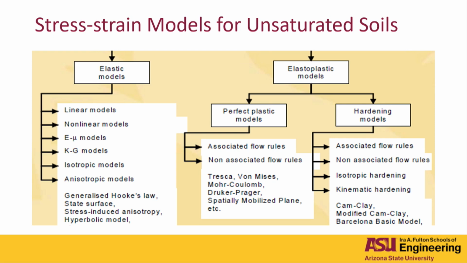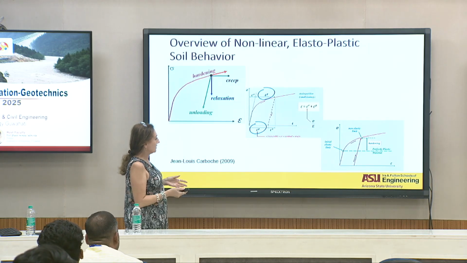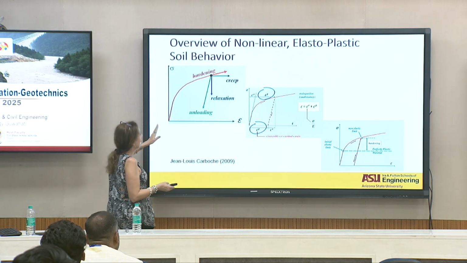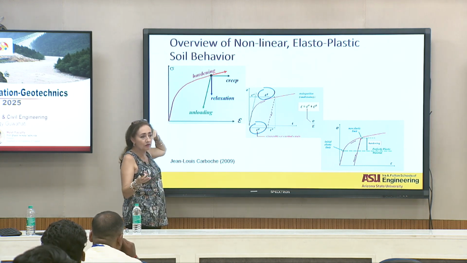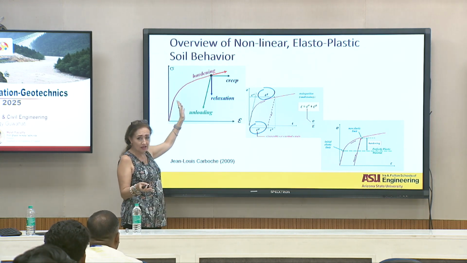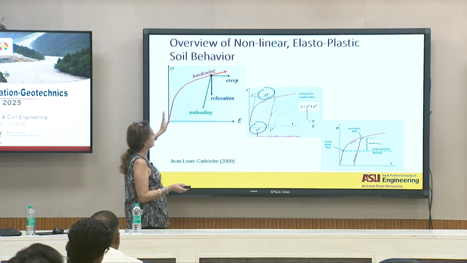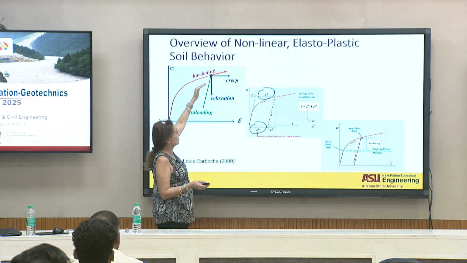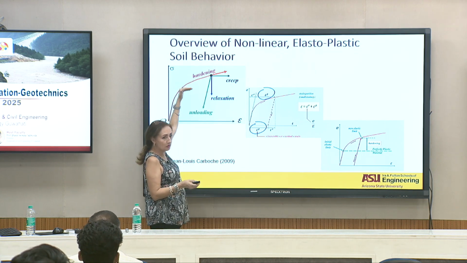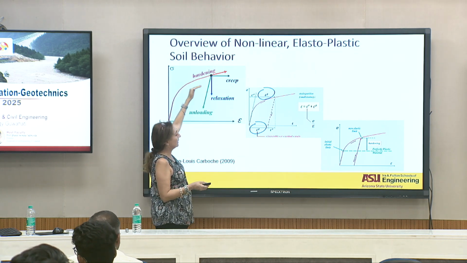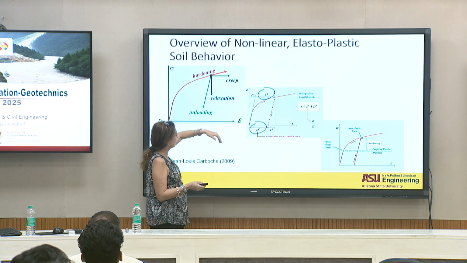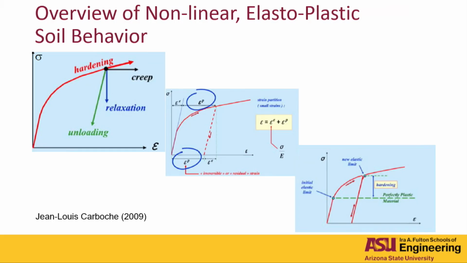Basically, a model is how you're going to be estimating or representing the stress strain behavior, right? So you can do a model that creeps, or hardening models, or a relaxation, or you just unload it.